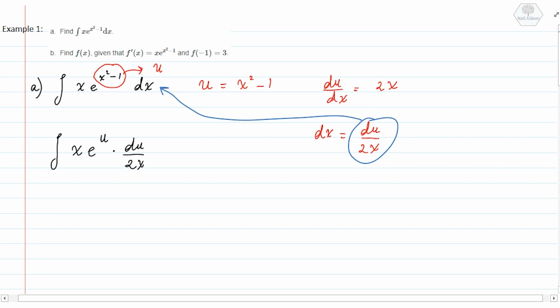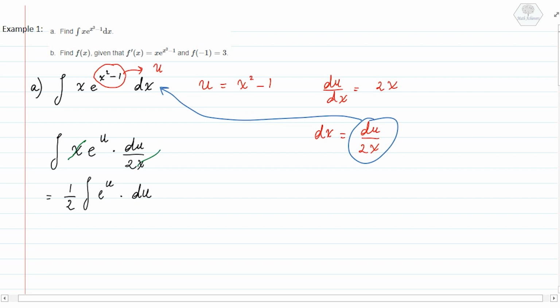Most of these questions, when you want to find integration by substitution, there must be a cancellation somewhere, so you make the function easier to integrate. So I cancel this x with this x, and I can take the 2 out. So my integral is now half times the integration of e to the power of u times du.